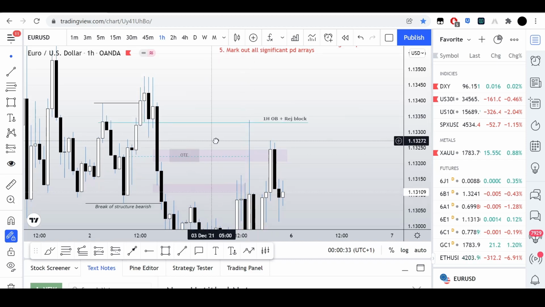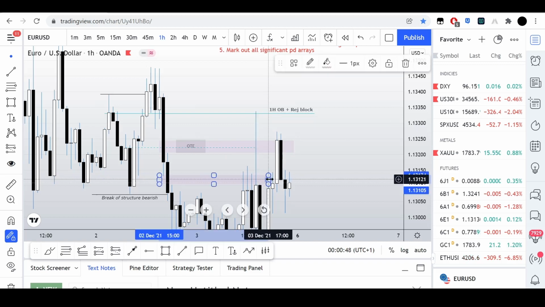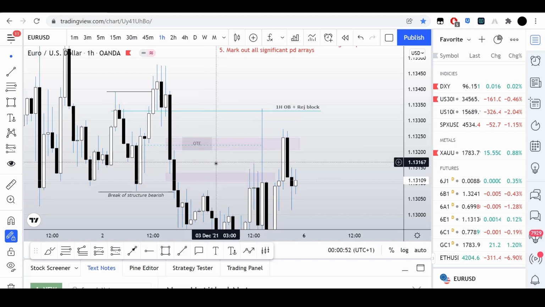Now, I wouldn't have had a sell limit right here. I would like to see what price did. You can see how aggressively it broke down. But look at this. This is why you should always keep all your PD arrays, so you build more context.